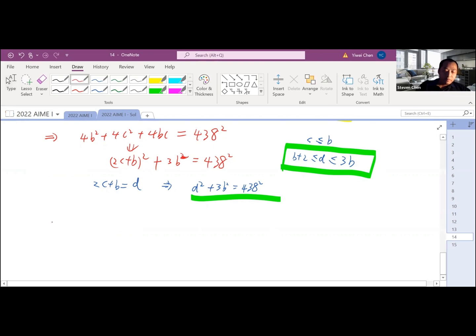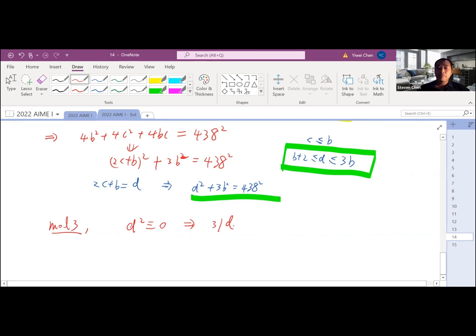Then the left-hand side is congruent to d squared. What about the right-hand side? The right-hand side is a multiple of 3. So this tells us that d squared should be congruent to 0 modulo 3. Because d squared is a multiple of 3, it implies that d should be a multiple of 3.